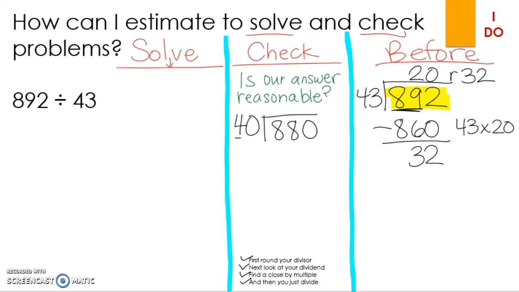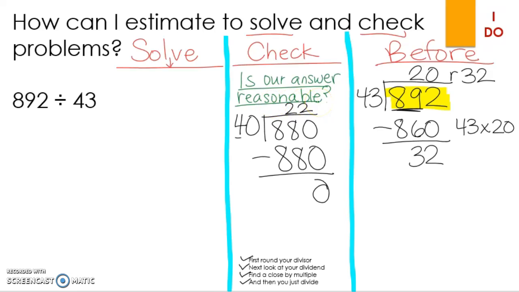Well, 40 goes into 880 22 times. How do I know? Because 22 times 40 is 880. So now our question is, is our answer reasonable?